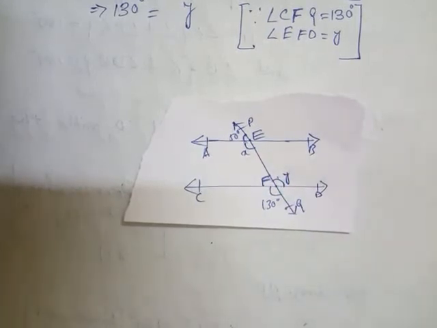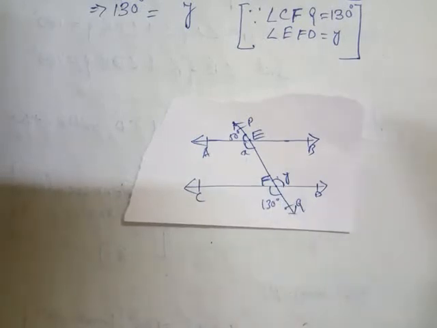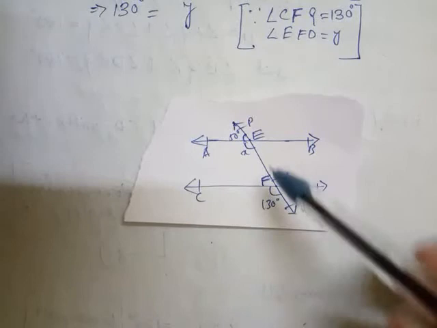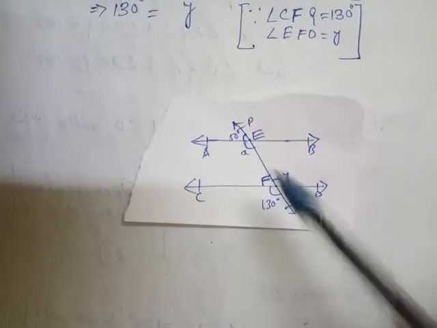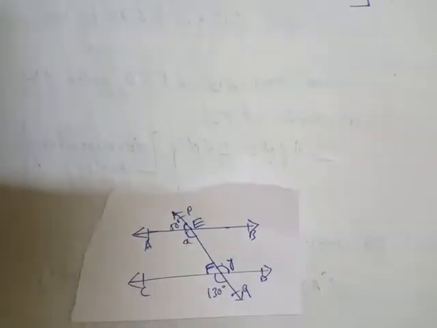Now student, look, we cannot use directly here that x and y are alternate interior angles, because we have to prove that AB is parallel to CD. If in the question it is mentioned that AB is parallel to CD, then we can say directly that x and y are alternate interior angles, and obviously the value of y is equal to the value of x. Now look after that student.